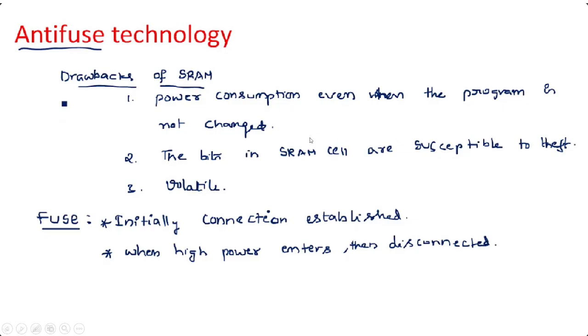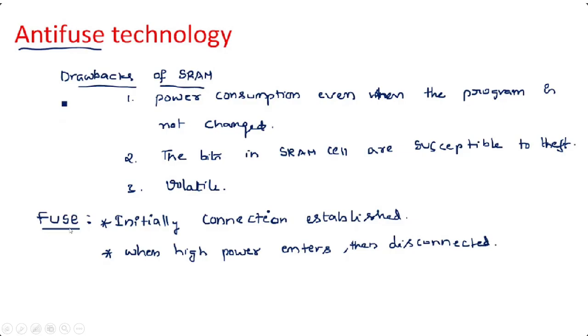The bits in SRAM cells are susceptible to theft, so there can be a chance of varying the bits. And this is volatile. Volatile means as the power is switched off, total data will be erased. Based on these drawbacks, we can go for anti-fuse technology.